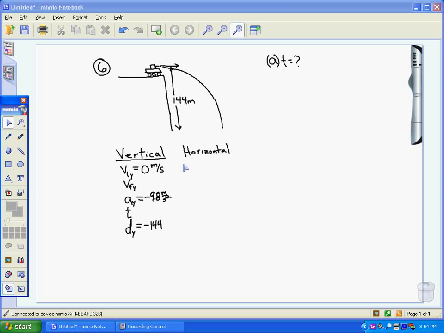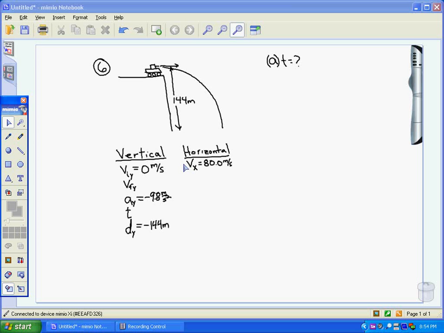Now for the horizontal case, all we need to do is write down that our Vx, which is his firing speed, is 80 meters per second, because once again, when he initially fires, it's being fired in the horizontal direction. So to find how long it's in the air, we only have to look at the vertical direction.